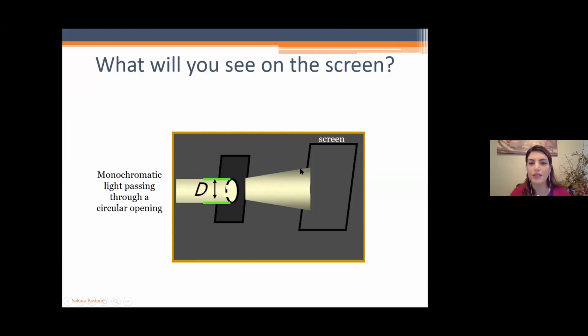And then you have a screen in front of it. I want you to imagine what you will see on the screen and draw it on the paper for me. Can you do that? You have 1 minute to do that.